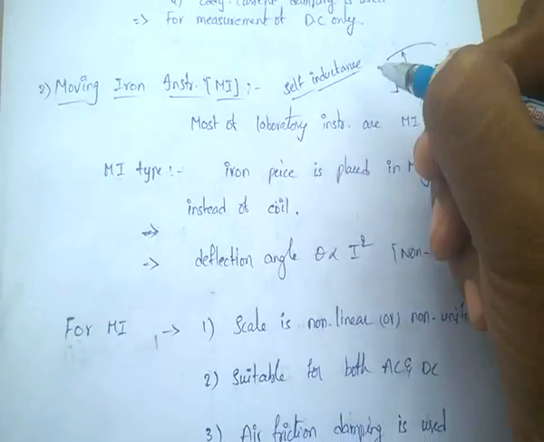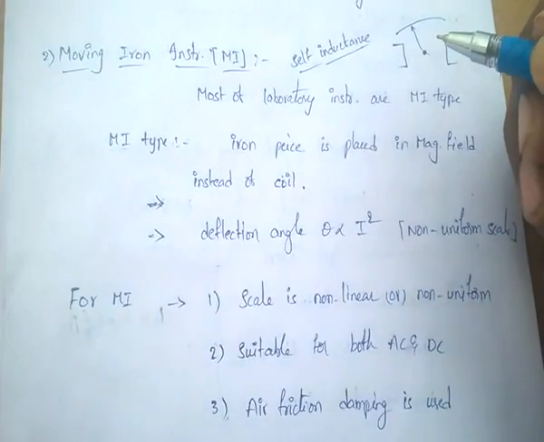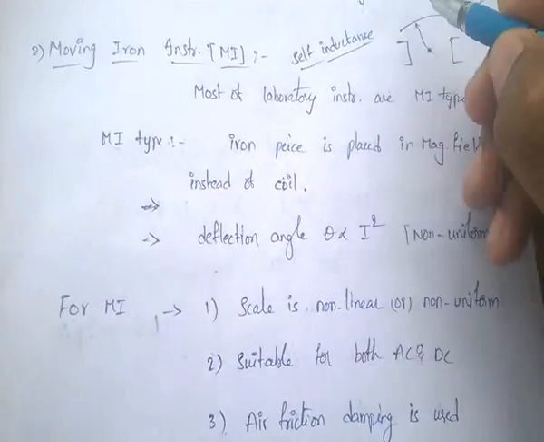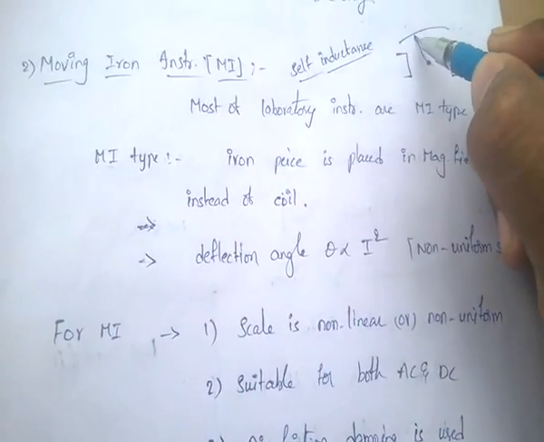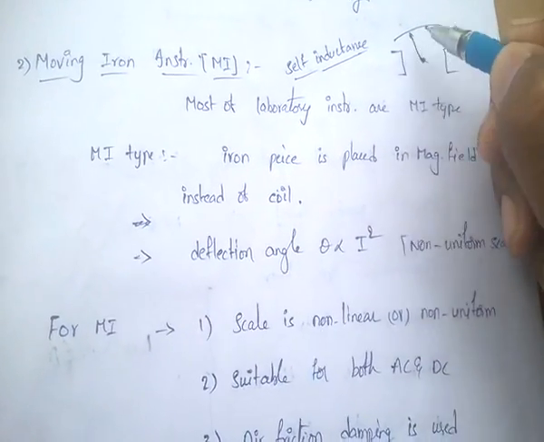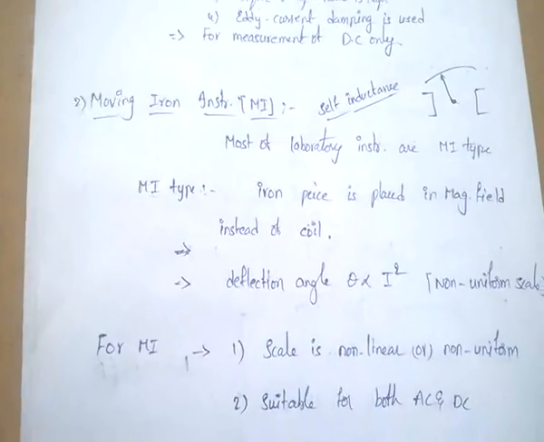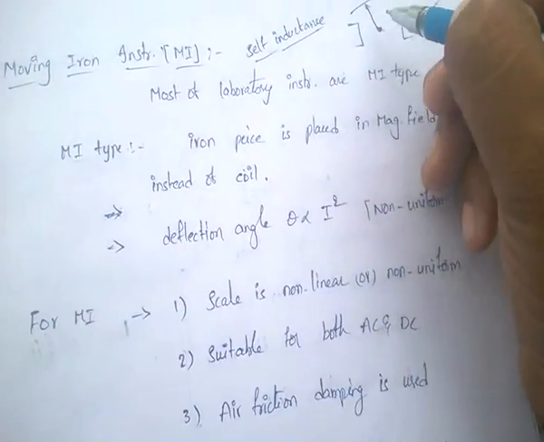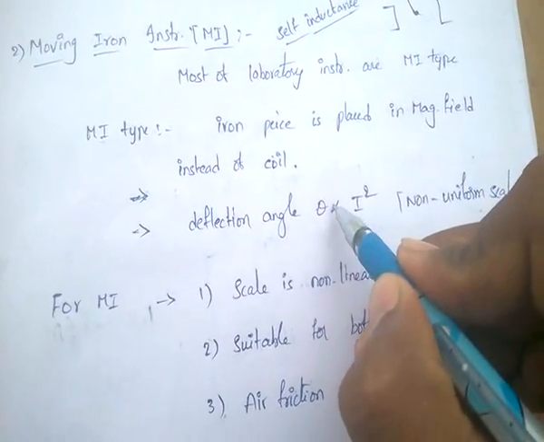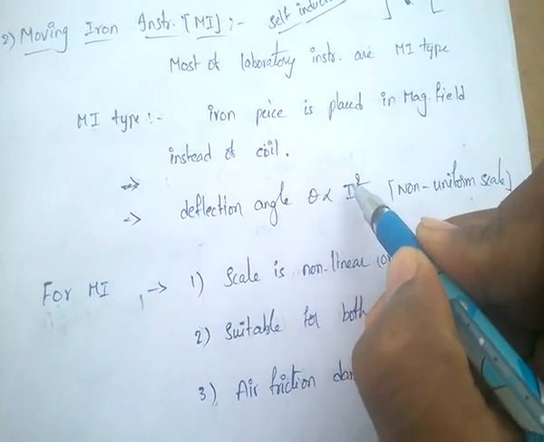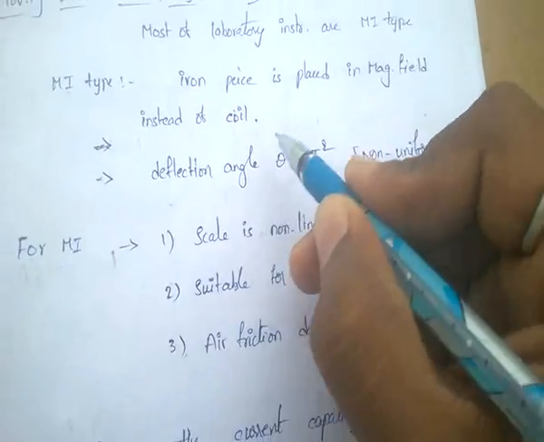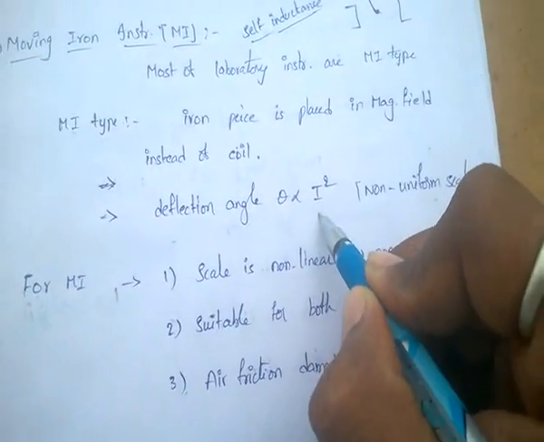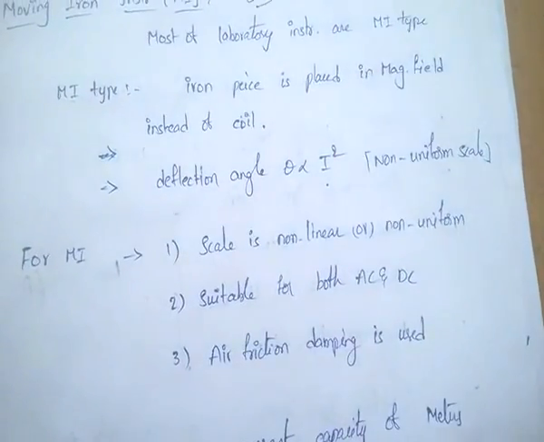Whenever the current in a coil changes, an EMF is induced. That EMF or force drives the pointer from its initial position. This angle theta is proportional to I square. In case of PMMC, theta is proportional to I. So theta proportional to I square means it is a non-linear or non-uniform scale.